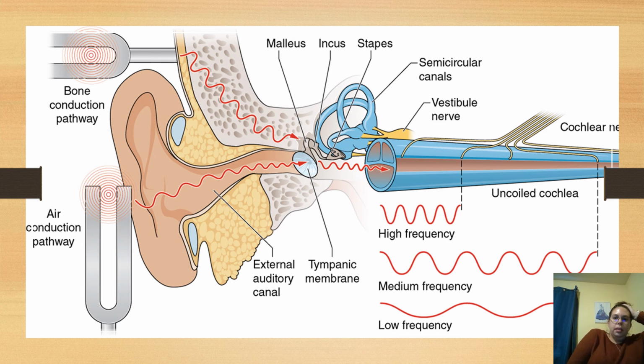Okay, and so then this is how hearing occurs. At first on the left, they're showing the difference between bone conduction and air conduction. When bone conduction occurs, it kind of bypasses all of this and can go straight in to those inner ear structures.